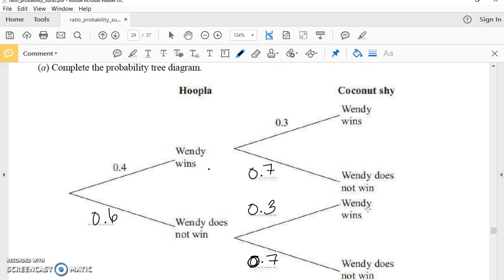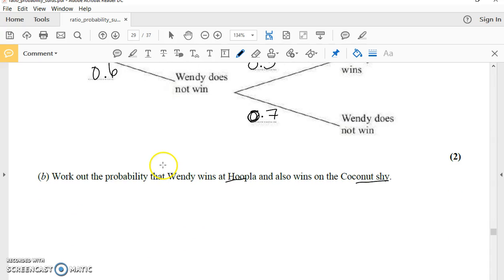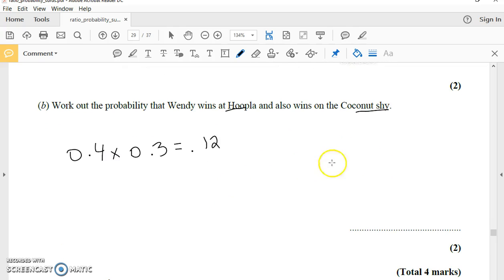So, we know she's got a 0.4 chance of winning at Hoopla, so 0.4 times winning at Coconut Shy, she's got 0.3. So I'm going to multiply those two numbers together, and I'm going to get an answer of 0.12. So the probability that she's going to win at both is 0.12 or 12%.